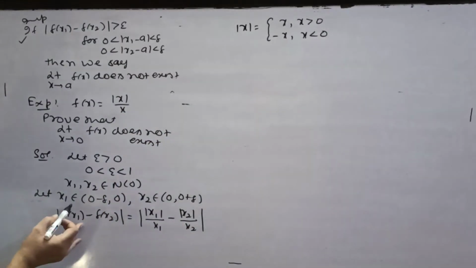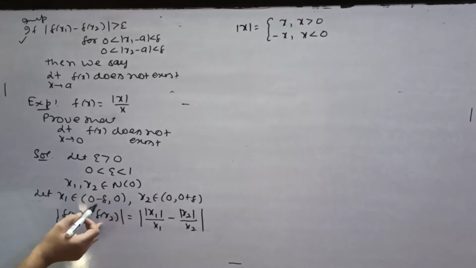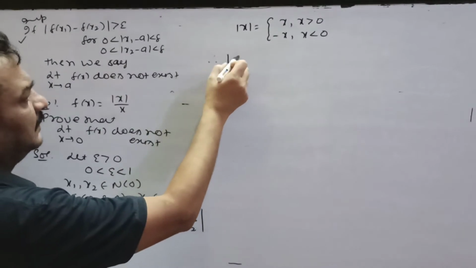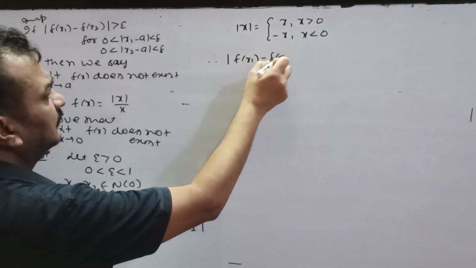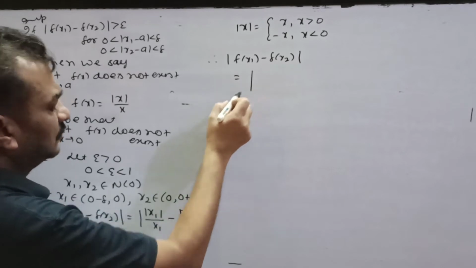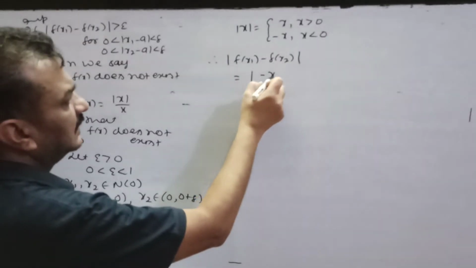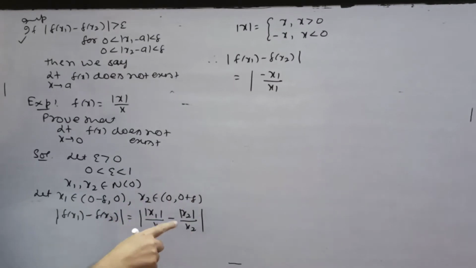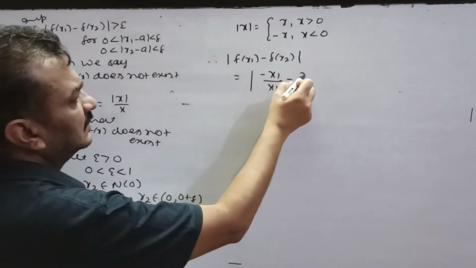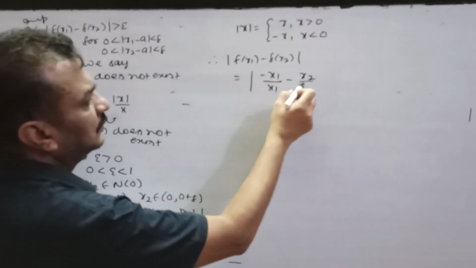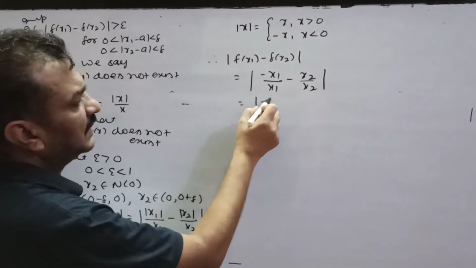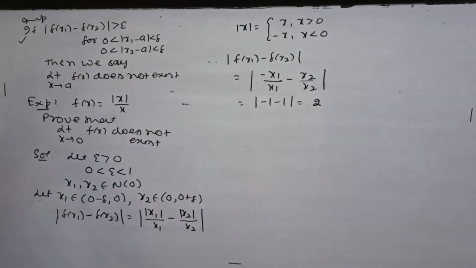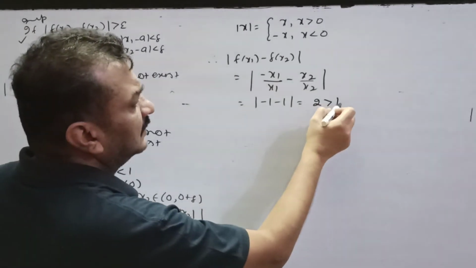So x1 lies where values are less than 0, so f(x1) - f(x2) equals -x1/x1, and x2 lies greater than 0, positive, so in the right neighborhood x2/x2. We have -1 - 1, which is -2, and the modulus is 2, which is greater than 1.